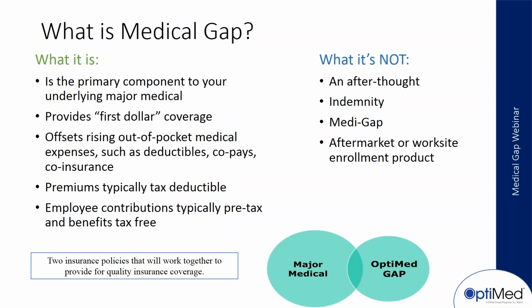We can have first dollar coverage or have a deductible on the GAP program. So take employees that have a $1,000 deductible today, and you come in with a major medical program that has a deductible of $4,000, and you fill that in with a $4,000 inpatient benefit.